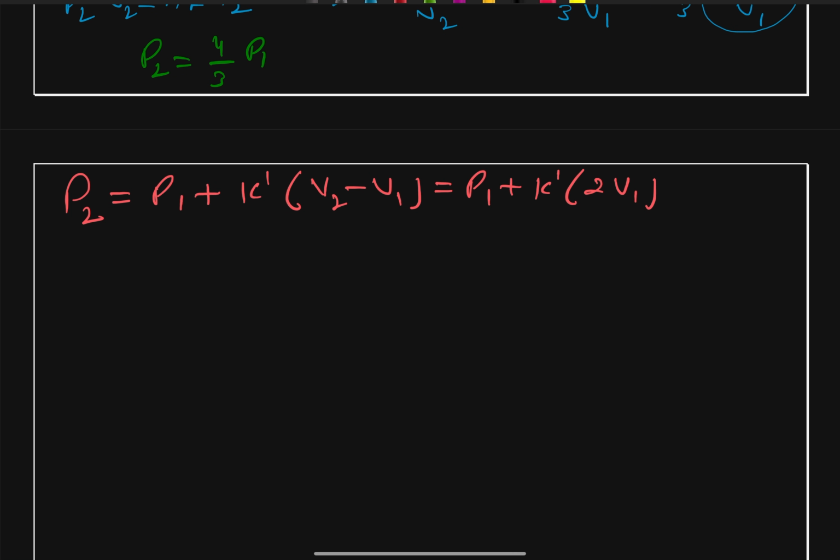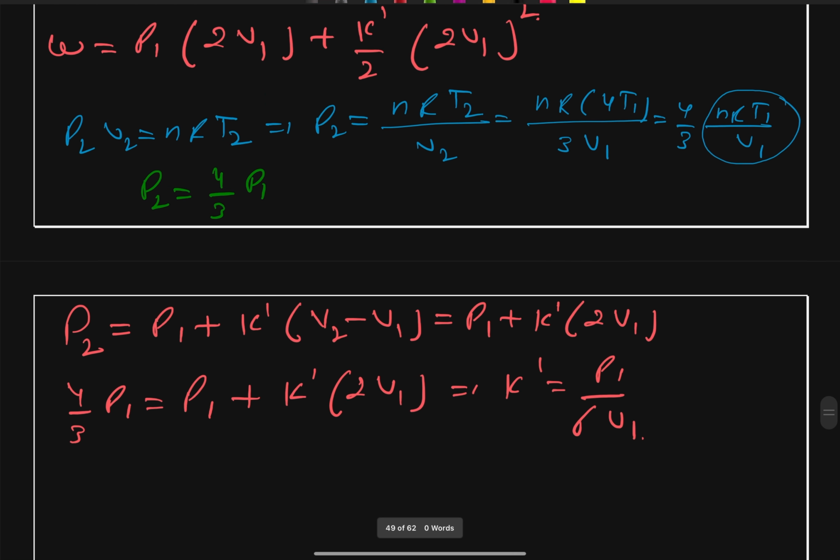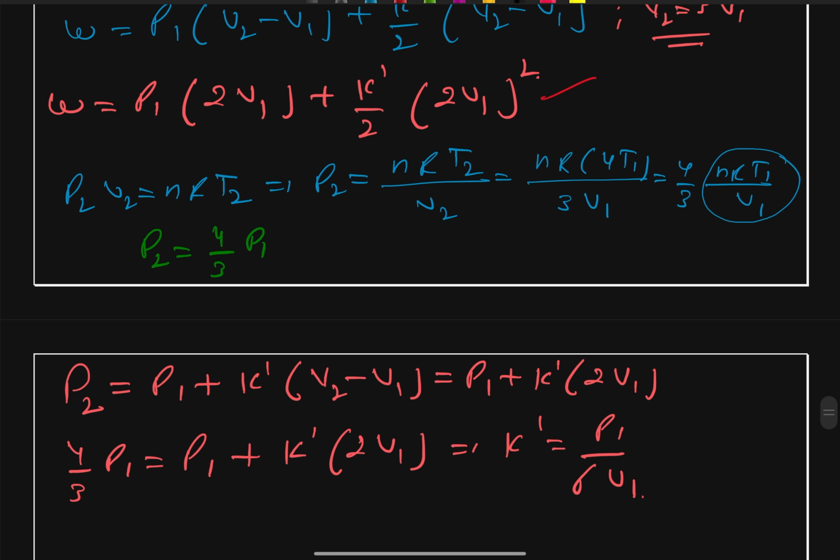P2 is 4 by 3 P1, so we get 4 by 3 P1 is equal to P1 plus K prime times twice V1. So K prime will be P1 upon 6 times V1. And now we can just substitute here.